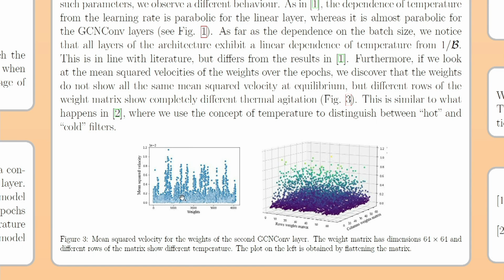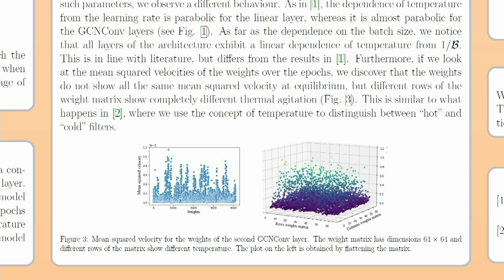The plot on the left is obtained by flattening the matrix of the first GCN layer, and the second one is not flattened. We can see that the parameters of this weight matrix, which is used for the embedding in the first layer, do not show the same mean squared velocity.